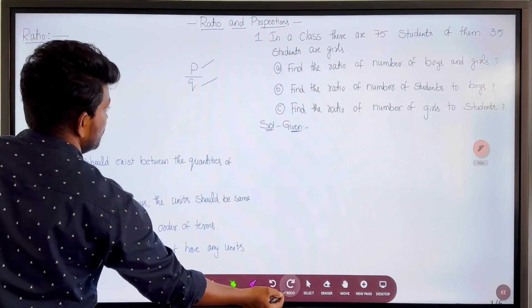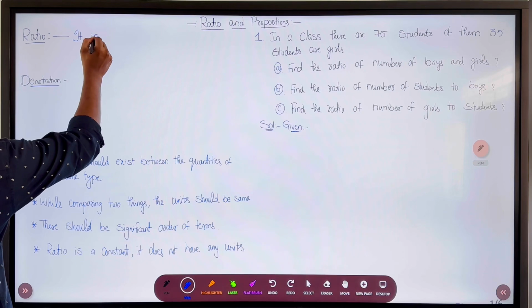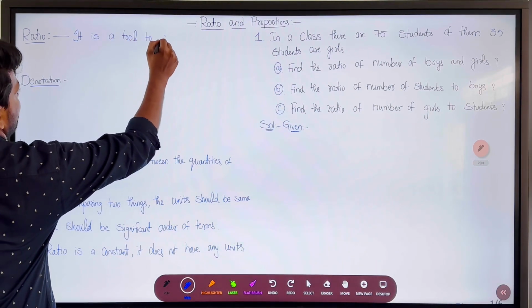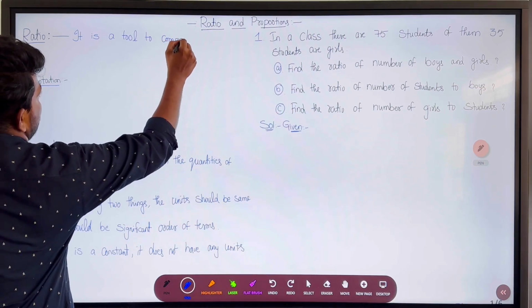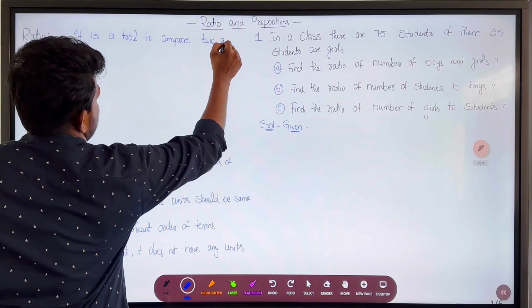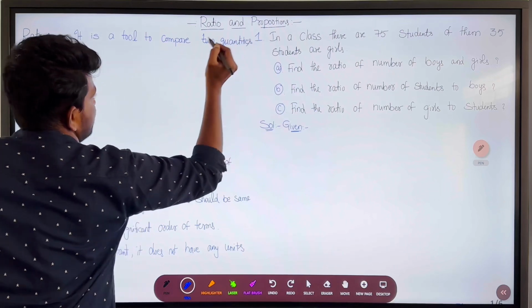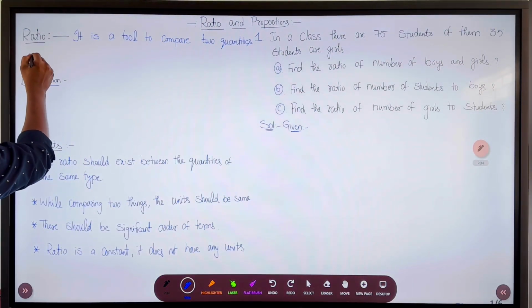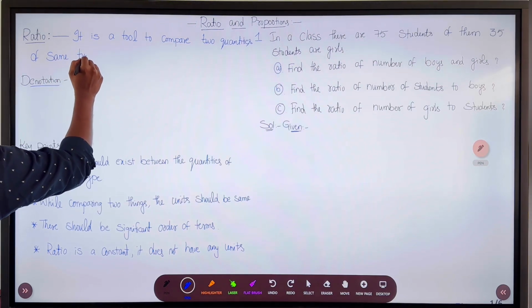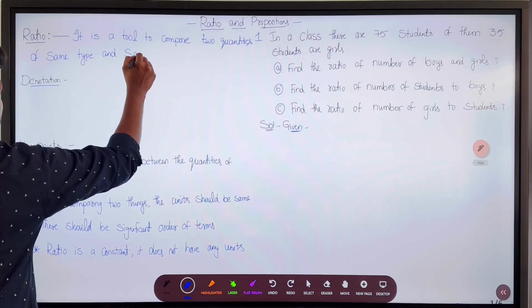It is a tool to compare two quantities of same type and same units.